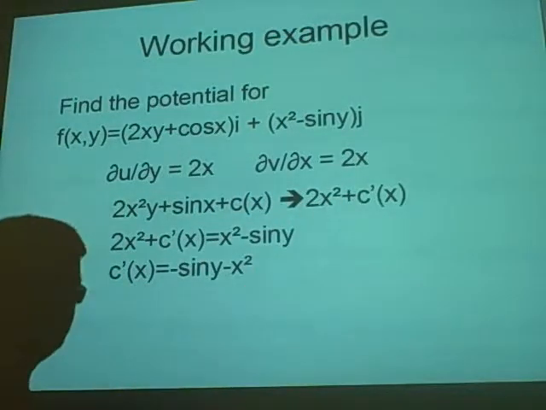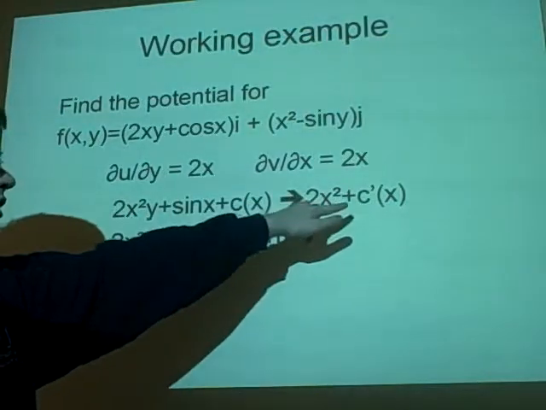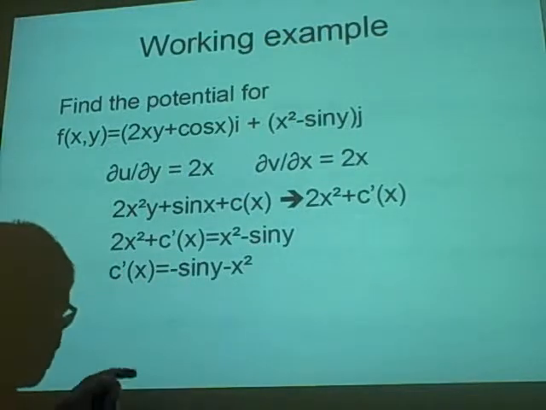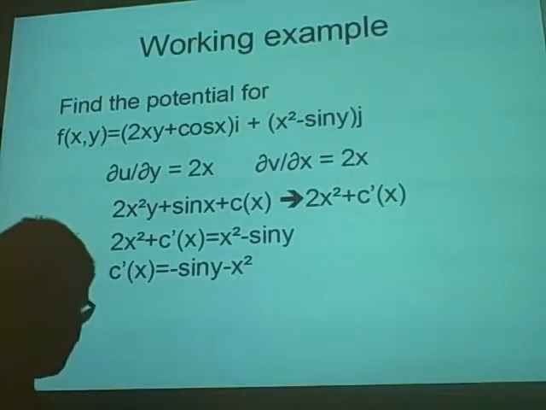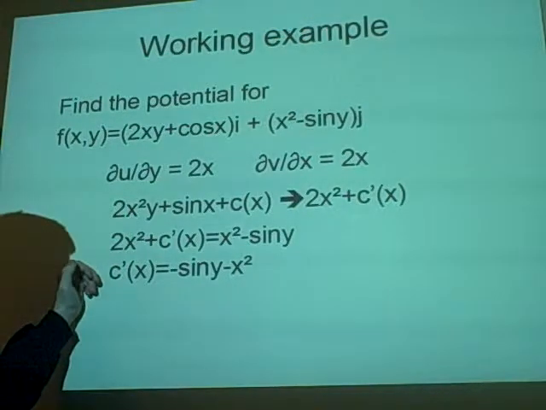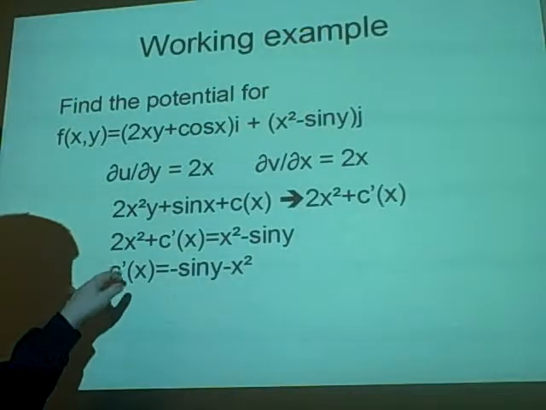That all makes sense. Then we let this equate, this is all on the first slide, we let this equate to this that we have here, and then we rearrange it a bit to get c prime on its own. Then what we want to do is integrate it, and this will give us c on its own.